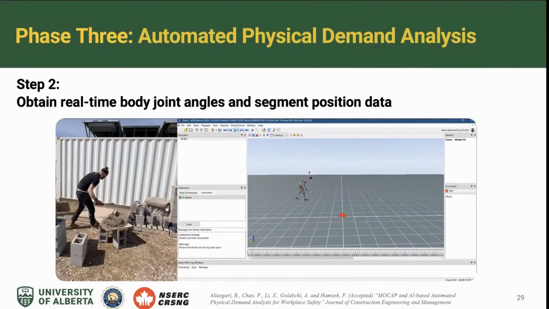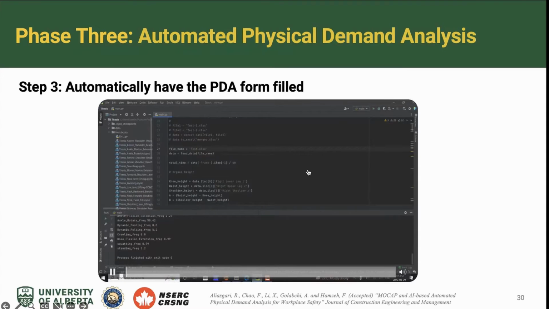So basically we just collect the data by using the motion capture. And right now we are working on another project that would collect the data based on computer vision, and the outcome is coming very soon. So after the collection of the data by the motion capture, we can just directly extract the data.